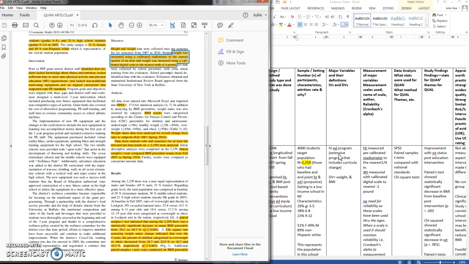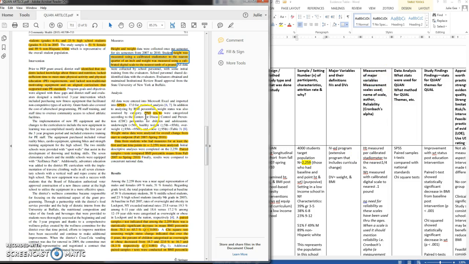So the independent variable is the education program, and the dependent variable is weight and BMI. I noticed that they do talk about height, obviously, and that was a measurement they had to obtain, but it's not really a dependent variable because you have to get the height and weight to be able to measure the BMI, okay?